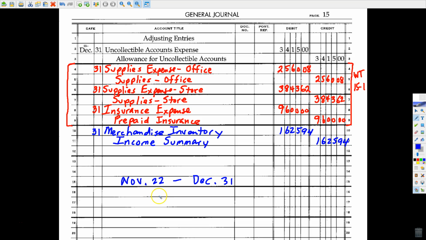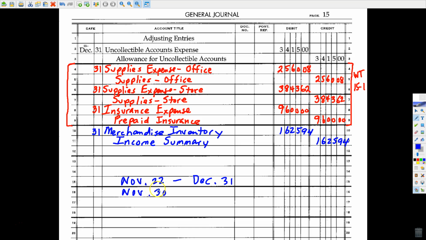How many days are in November? 30. So through the end of November, that's 8 days, plus another 31 days. So how many days are we talking about? 39 days.